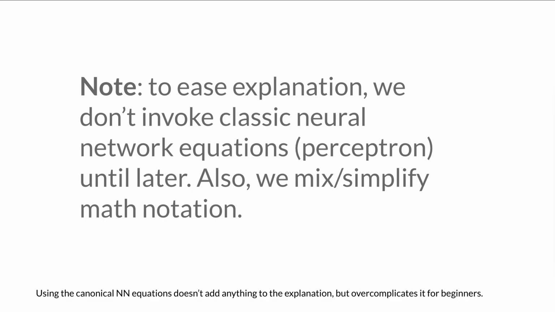To ease the explanation, we don't use the classical neural network equations to begin with, simply because there's no need to understand what a neural network does and how backpropagation works, indeed all the way down to the details of the underlying PyTorch library. We don't really need to know the mathematical details of each layer of a neural network.